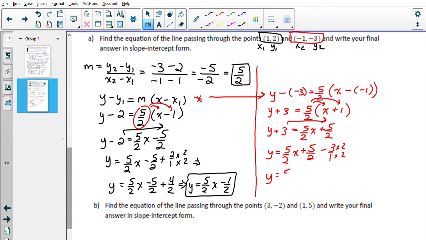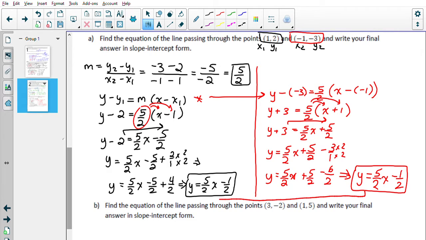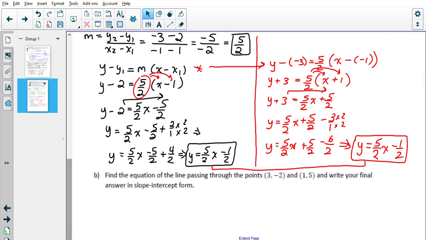You get 5 over 2 x plus 5 over 2 minus 6 over 2, which then would give you y equals 5 over 2 x minus 1 over 2. And no matter which point you use, you get the same equation. That is pretty darn cool. Okay, just showing you that it was true, because you can't just believe everything I say.